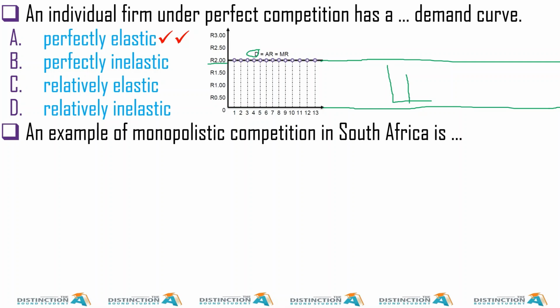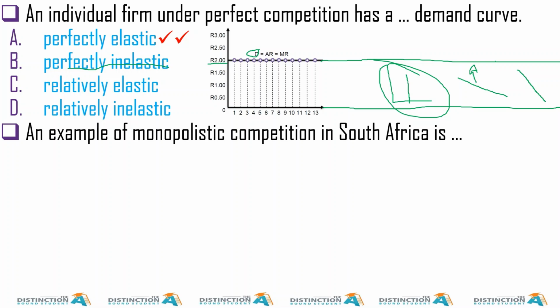Because there is a demand curve that, when you try to stretch it, it doesn't go anywhere. So we say this one is perfectly elastic. This one here is something like this. Then relatively elastic is something like this, and then relatively inelastic is something like this. You see what we're saying?